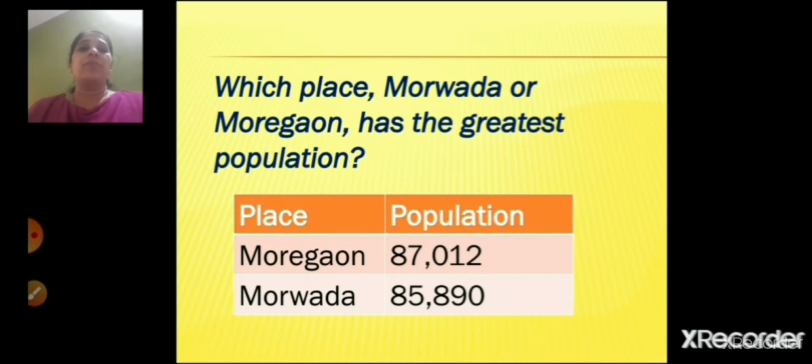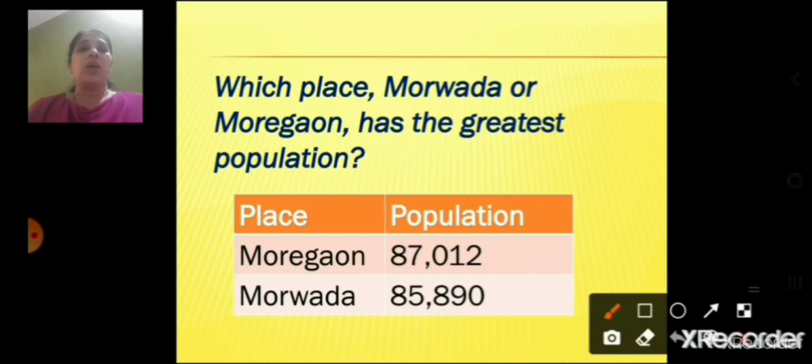Which place, Morwada or Moregaon, has the greatest population? Now here they have given only name of two places, and out of these two places we have to find out the greatest population. Now here see, Moregaon it is 87,012 and Morwada it is 85,890.